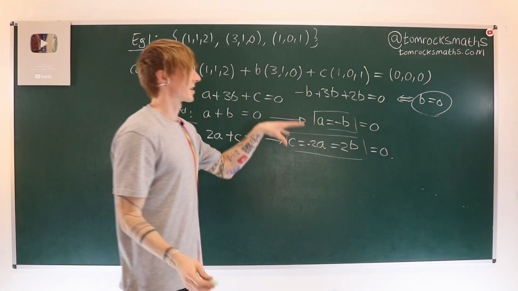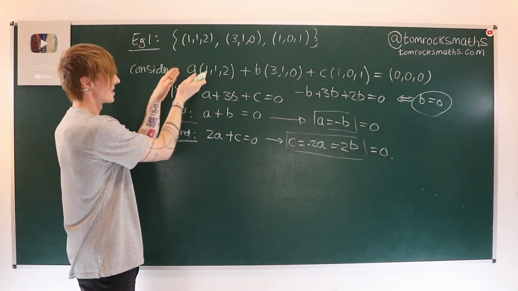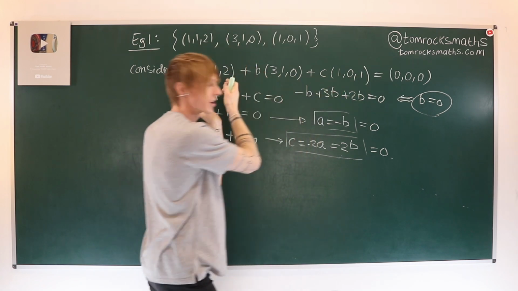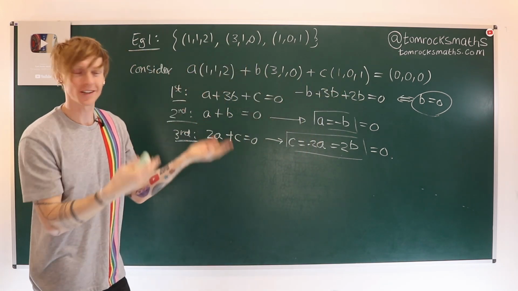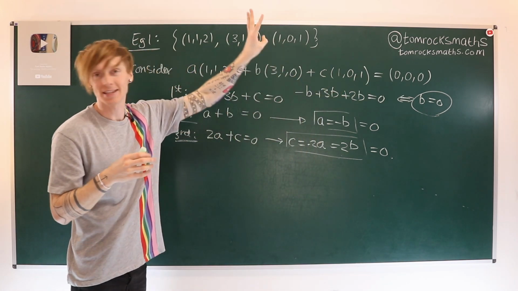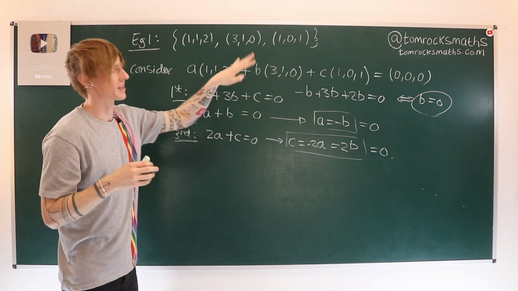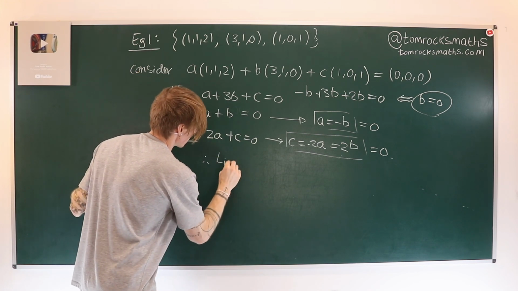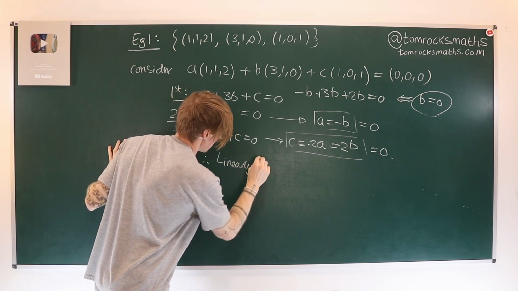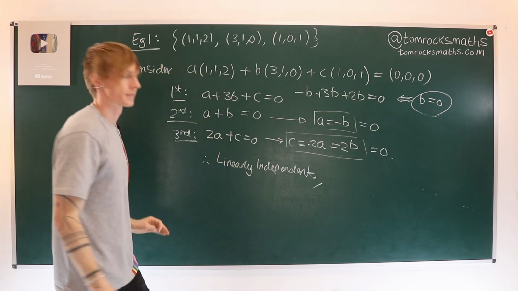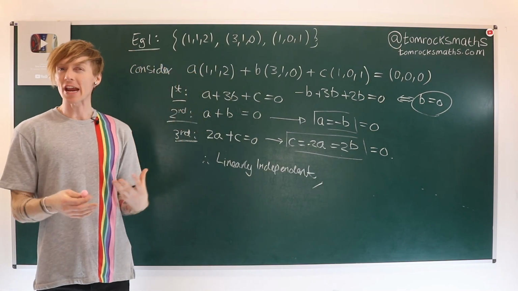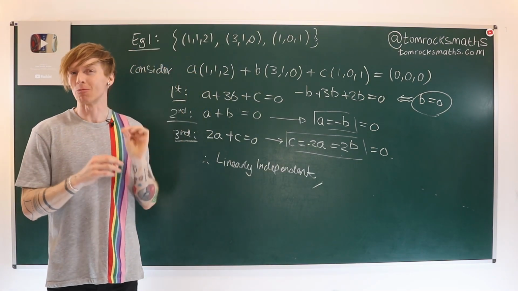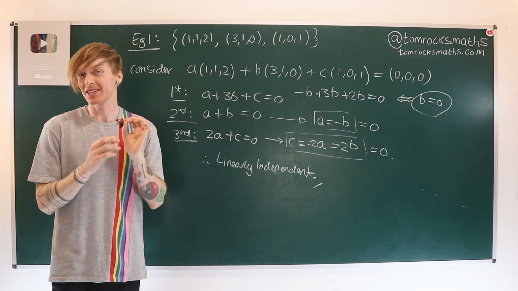So we can see that the only solution to this linear combination of our 3 vectors, the only solution for them adding together to give me 0 is if all the coefficients are 0. So we can say, therefore, linearly independent.